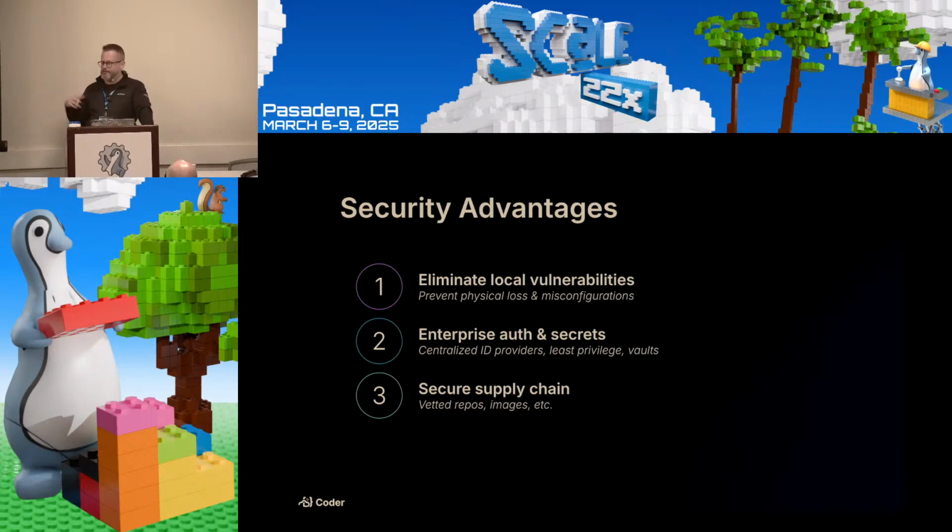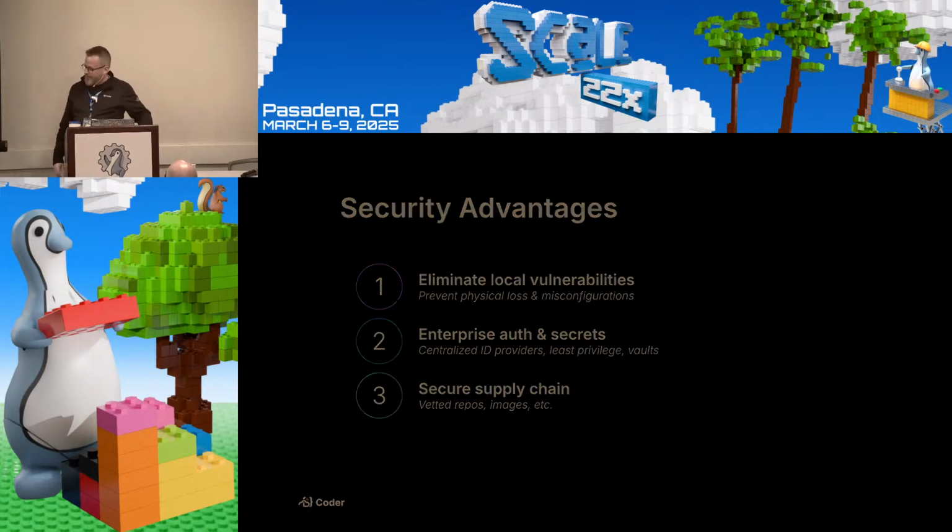You can use vaults for secrets, things like that. All the stuff that you're already doing with all your other platforms and all your other systems, you can now apply that to your dev flow as well. And you secure your supply chain. You can configure it so it only pulls from vetted repos. The images are scanned and everything, and it's just a very secure way to build their environment.